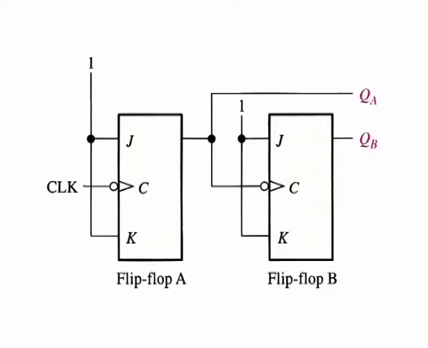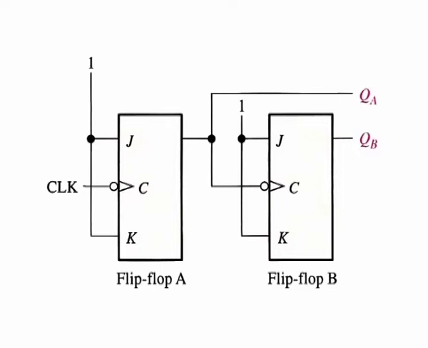Counting. Another important application of flip-flops is in digital counters. The flip-flops are negative edge triggered JKs. Both flip-flops are initially reset. Flip-flop A toggles on the negative going transition of each clock pulse.